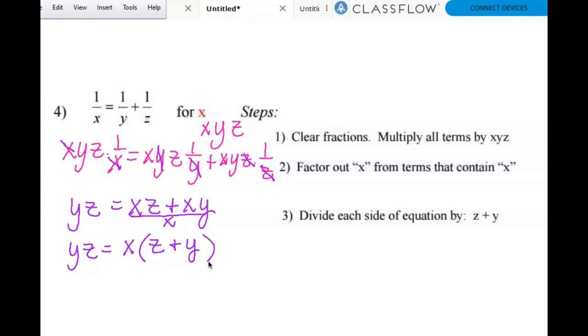And how do I get the x by itself? I'm multiplying. How do I undo multiply? Okay.